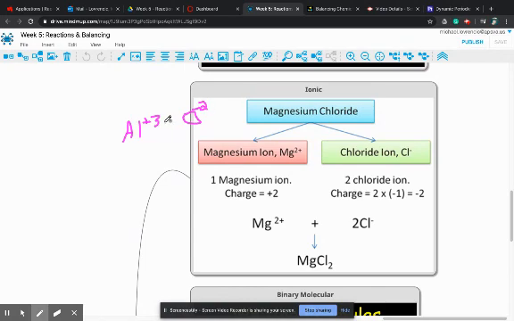We need a balance of charge in the chemical formula, so we have a +3 and a -2. Well, 3 times 2 is 6. So in order to have a balance of charge, we need to have a total of 6. So we need 6 positives and 6 negatives.